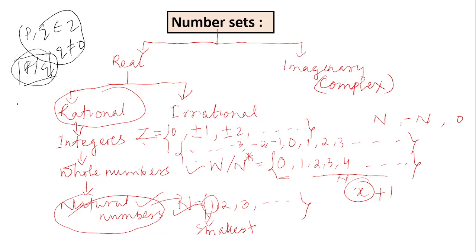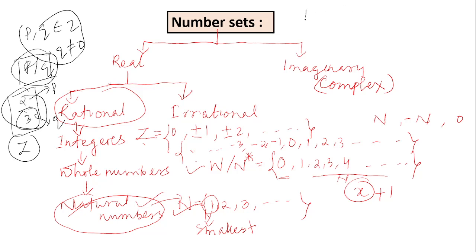Let us take for example 2 by 3. 2 by 3 is a rational number because it is expressed in the form p by q. Here 2 is p and 3 is q, and both belong to the set Z. That means both are integers, and 3 is the denominator, which is not 0. So 2 by 3 is a rational number.